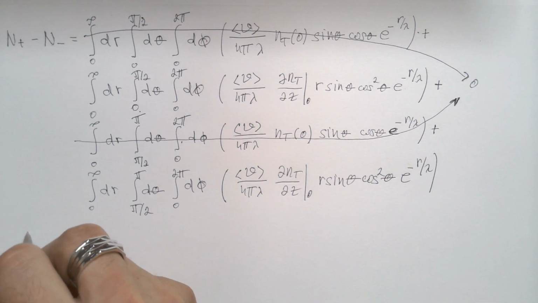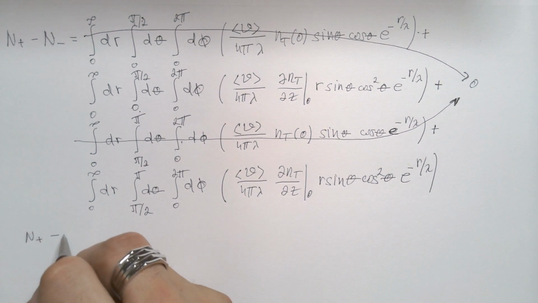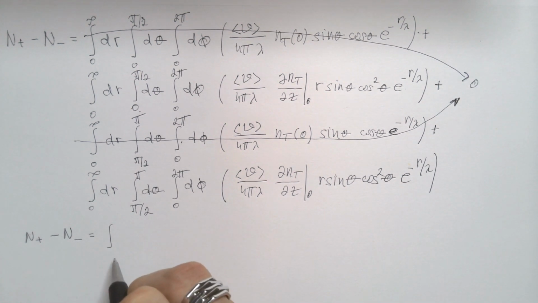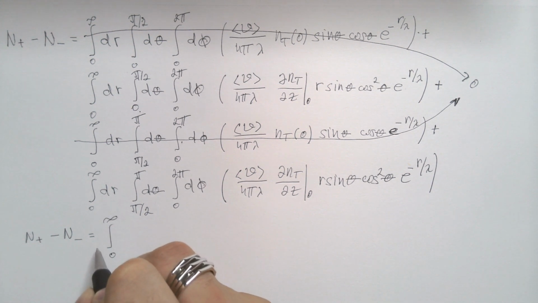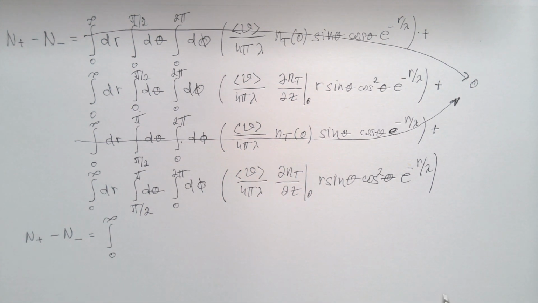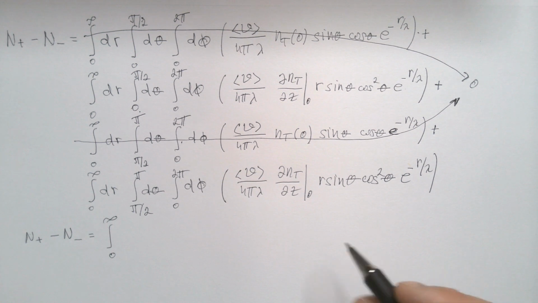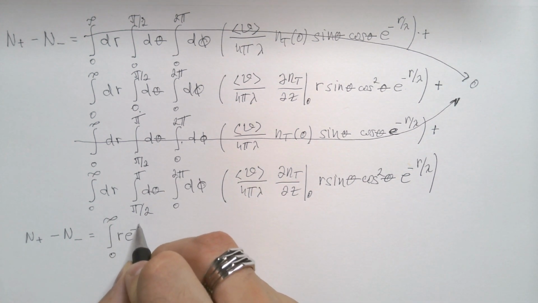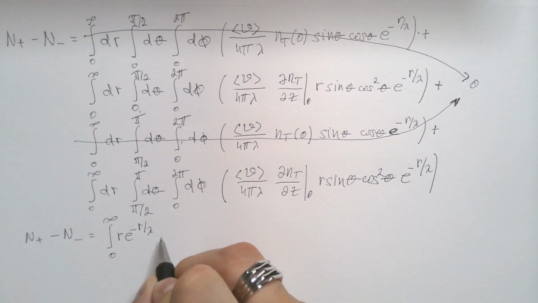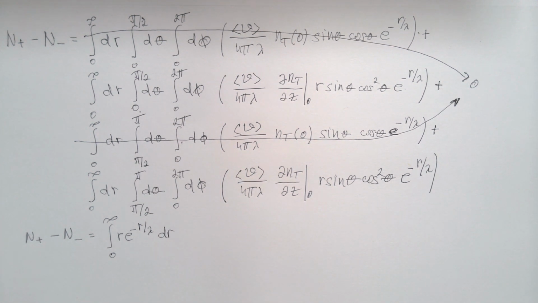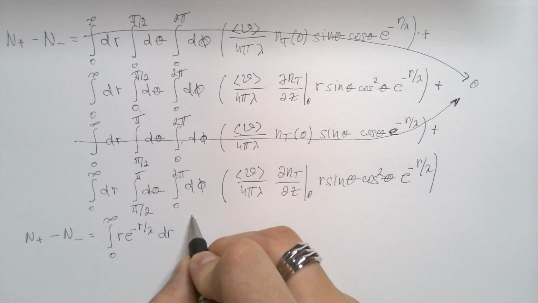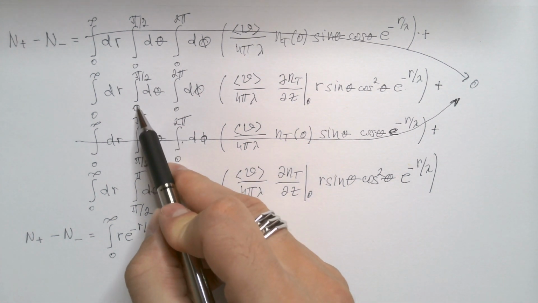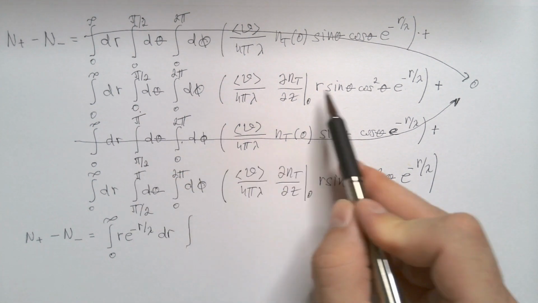Namely, n positive minus n negative will be equal integral 0 to infinity. I have to be careful here now to collect all terms properly. So I will have here r e to negative r over lambda dr. So that's everything related to r. Then I will have integral, now very important, from 0 to pi, I combine these two.